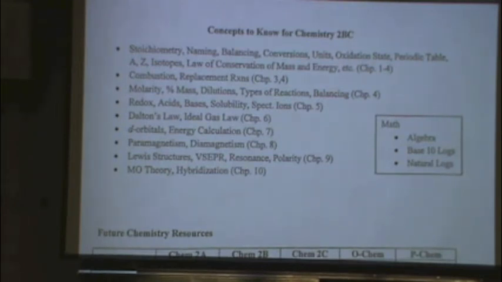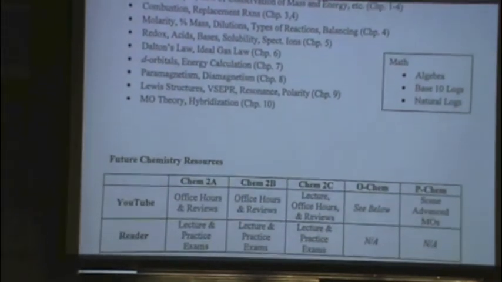There it is. That's what you should know for B and C. So if you wanted to know what you should know for upcoming classes, these are the most significant things to know. If there's more algebra in 2B, you're going to do a quadratic equation and things like that, and a lot more with logarithms. It depends who you take a little bit.